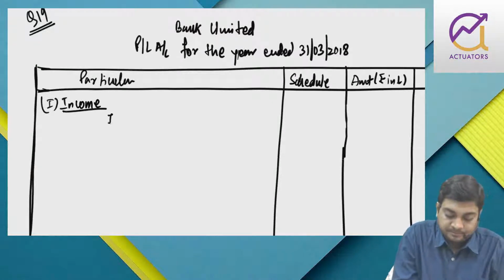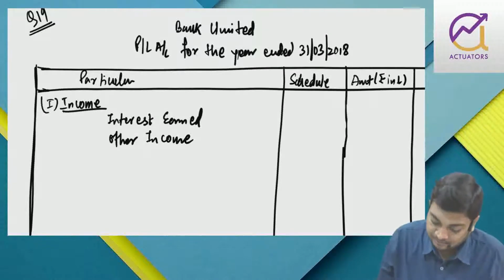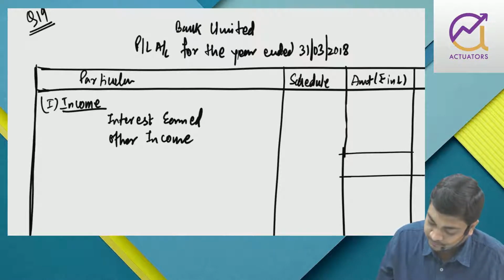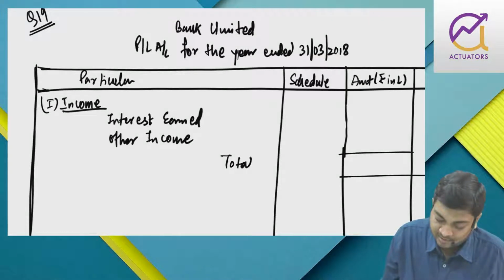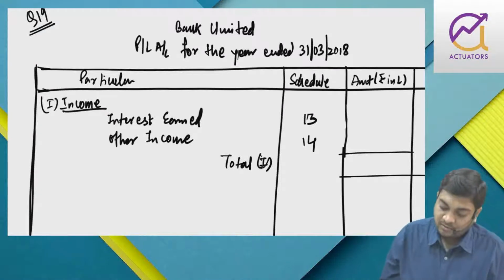income. Under the head income we have interest earned, then we have other income. So this will be total one. So 13, 14.